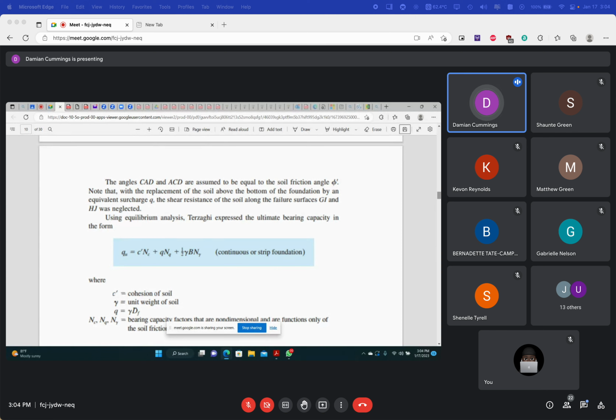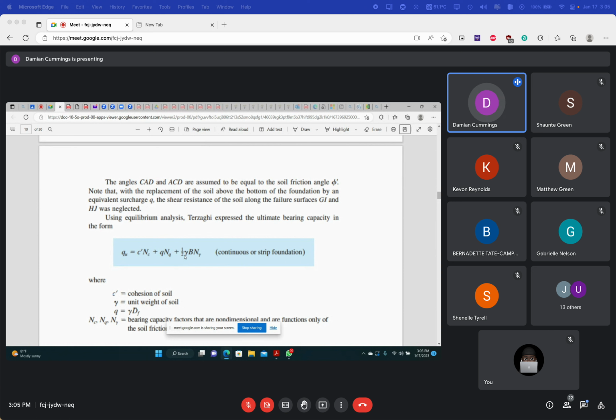Then we have q and Nq, right, where q is the stress or the overburden pressure acting on the soil at the bottom of the foundation, which is equal to the unit weight of the soil times the depth of the foundation. Good. And Nq is our bearing capacity factor with respect to the stress acting on the soil.